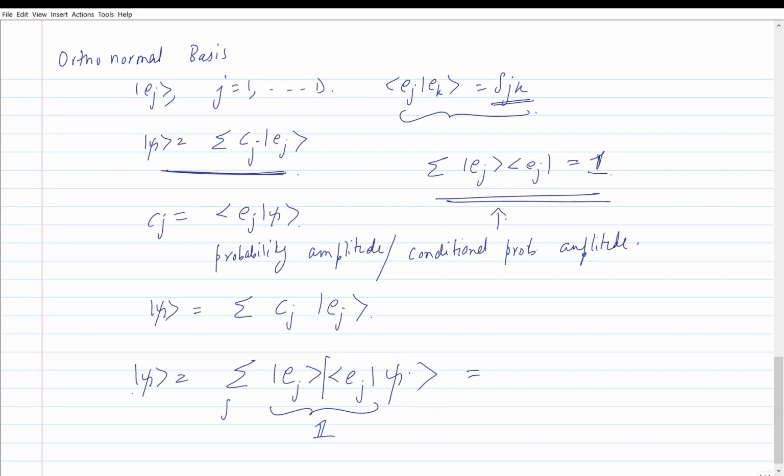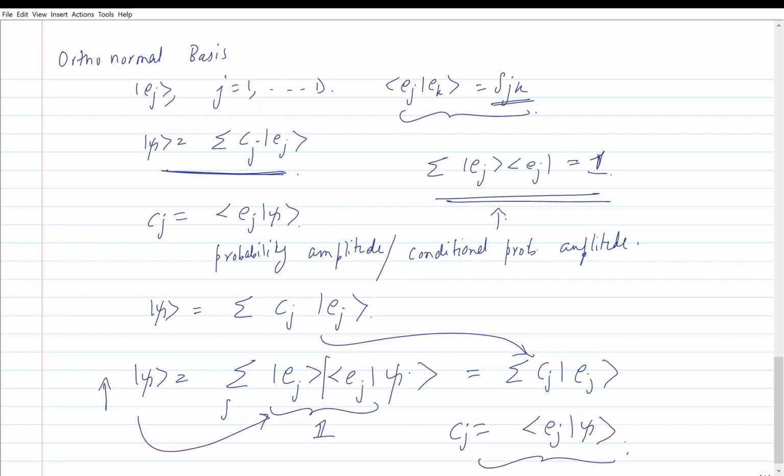So I'm multiplying psi, packing up the identity operator over here in this I, and now I can compare this with the coefficient to get each of the Cj, as what I had demonstrated earlier. So the bottom line is this is a pretty useful identity. You tack it on anywhere and the answers pop out a lot of times.